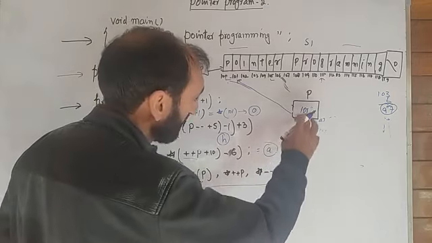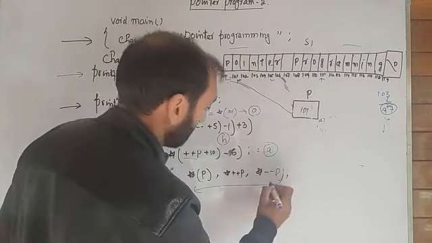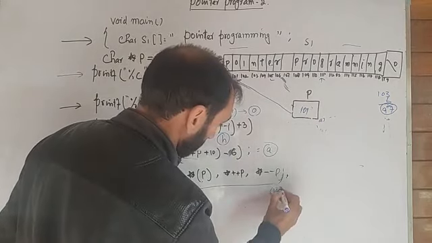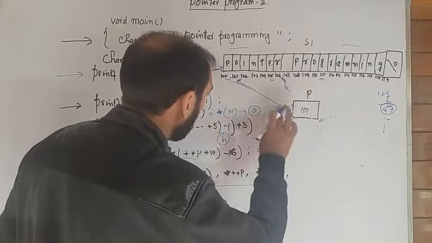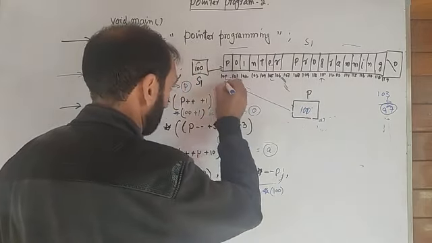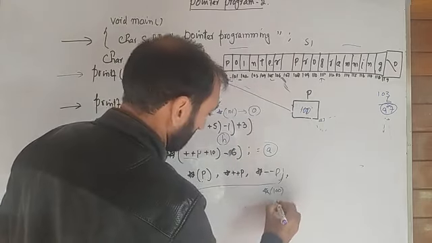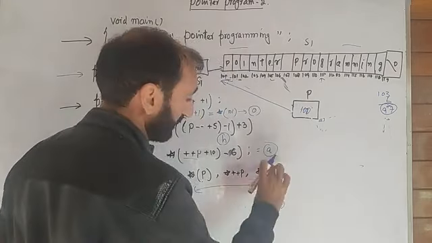What is p? p is 101. It will first be decremented, that means 100. So now this will point to 100. The value at 100 is p. So the output of this will be p.